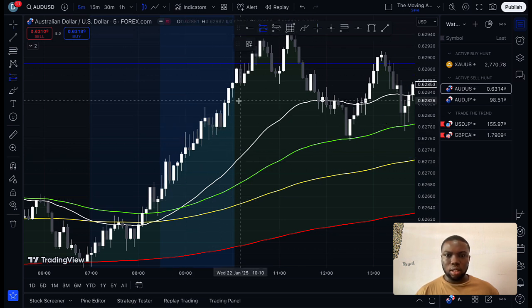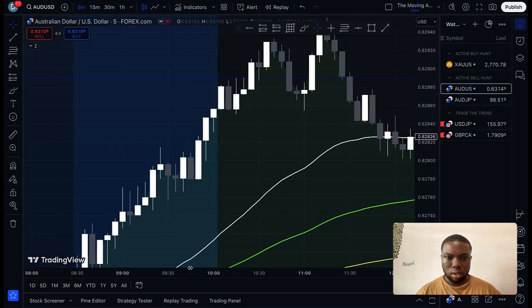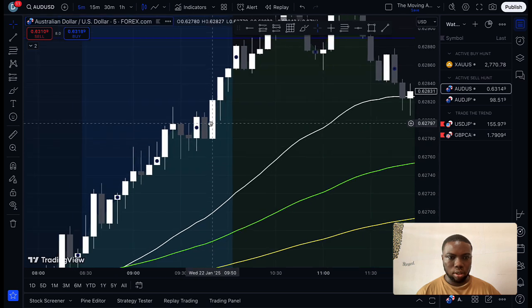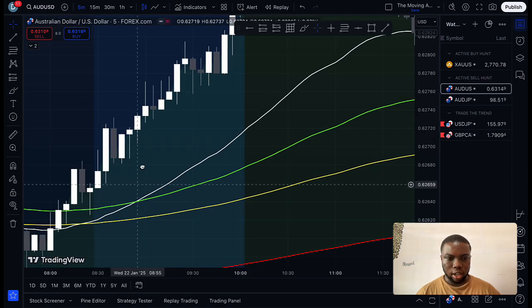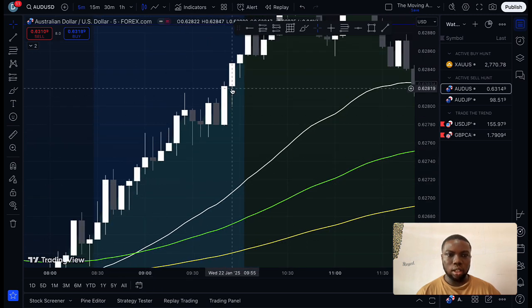You can see this. Let me just zoom in so it's better to see. You can see this bearish bullish play out. You can see another bearish bullish play out. So any of these could have been your trade entry, because after here the crossover had happened. So after 8:55, from 9 o'clock, you could have taken a trade on any buy signal you see.